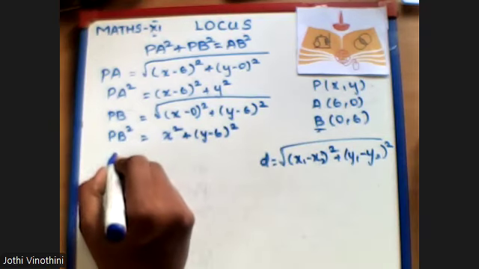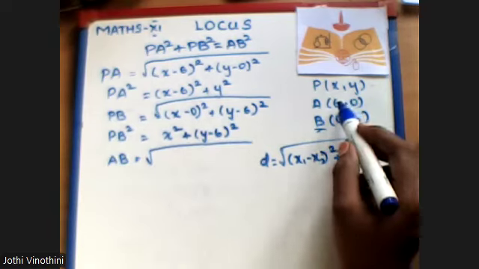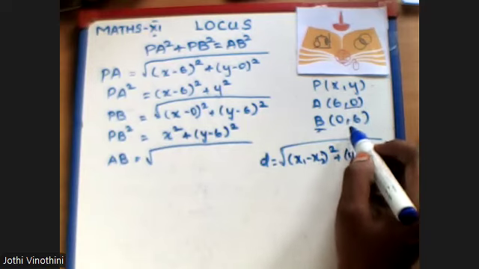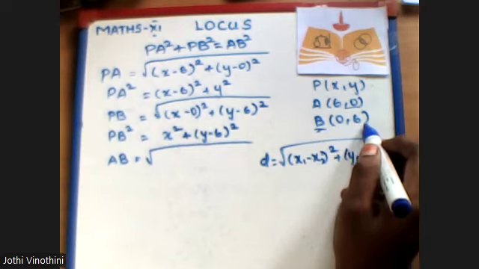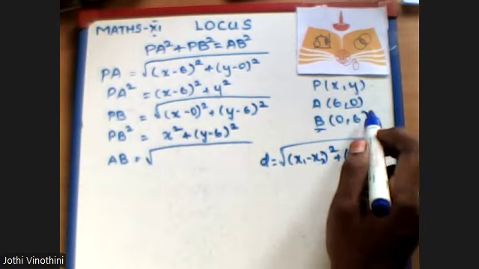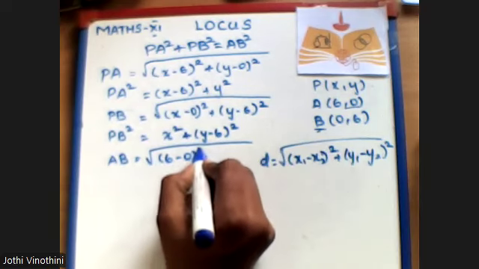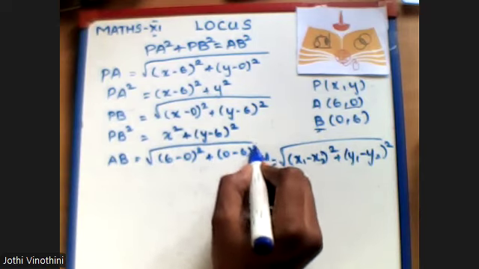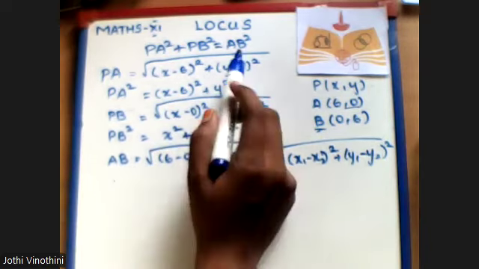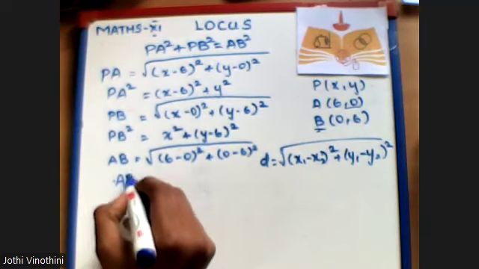Right. So next will be AB. Here I will consider A as x1, y1 and B's coordinates as x2, y2, right? Okay. Shall we write? So 6 minus 0 the whole square plus 0 minus 6 the whole square. Actually we want AB squared, so we are squaring AB.